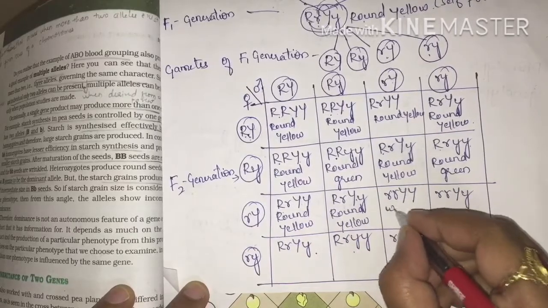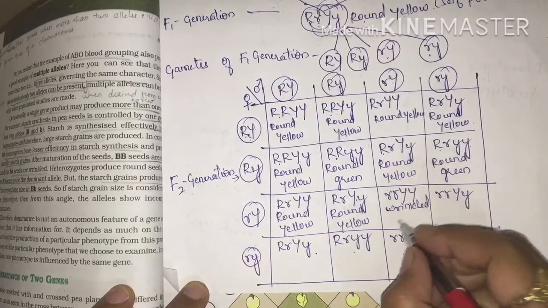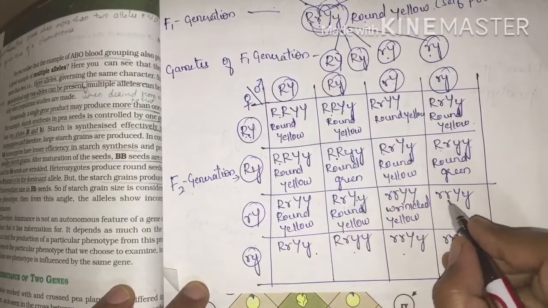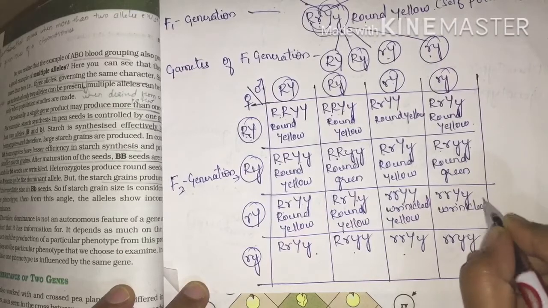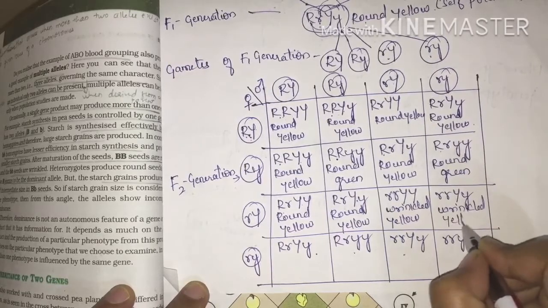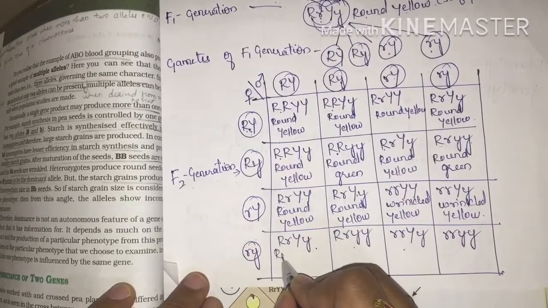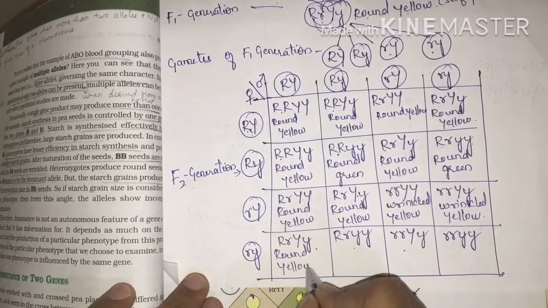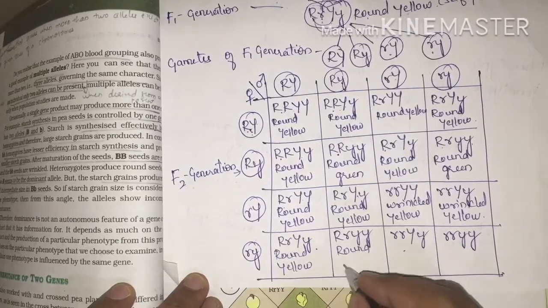Small r wrinkled, capital Y yellow. So we got wrinkled yellow here. Next, small r wrinkled, capital Y yellow. Next, capital R is there, so it is round, and capital Y is also there, yellow. Capital R round, small y green.